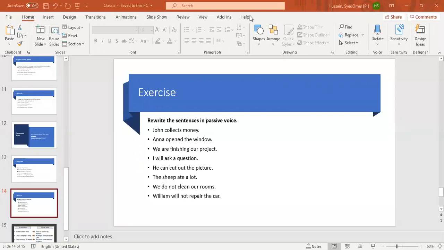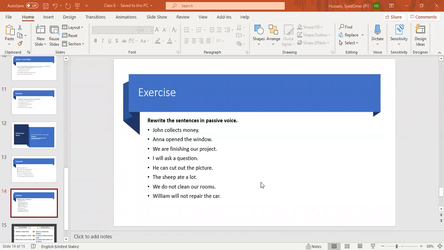Okay, who will do the next one? He can cut out the picture. Yes, Fatma? He can cut out the picture. Remember, it is simple present, ability. It is the modal verb. So you can see the modal verb can. So we will put the same modal verb in the passive voice as well.